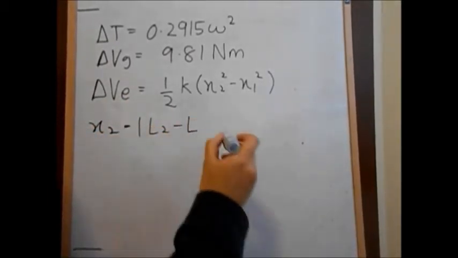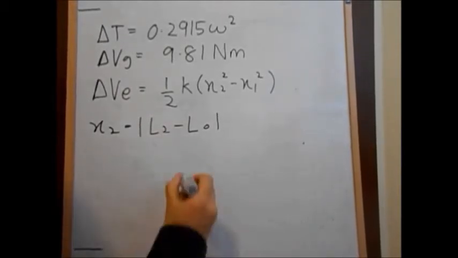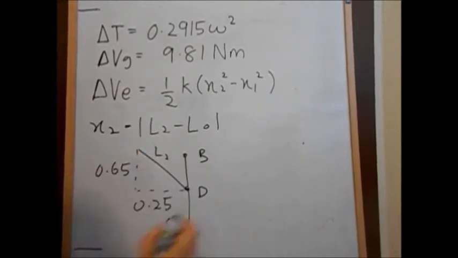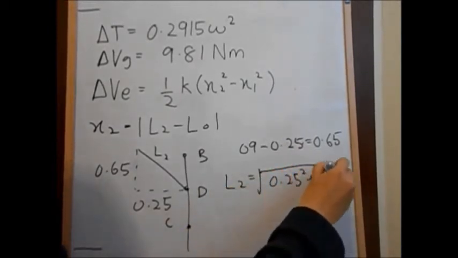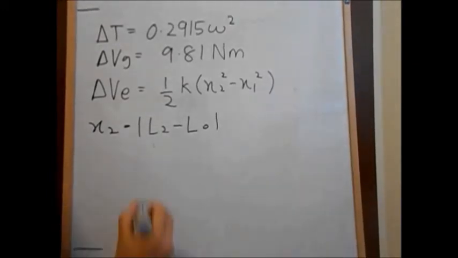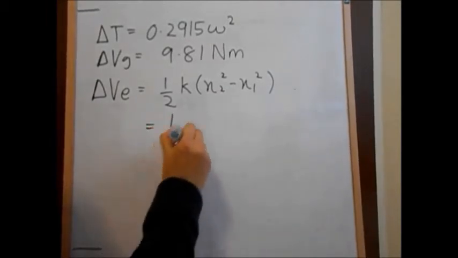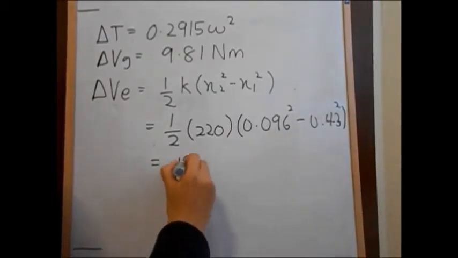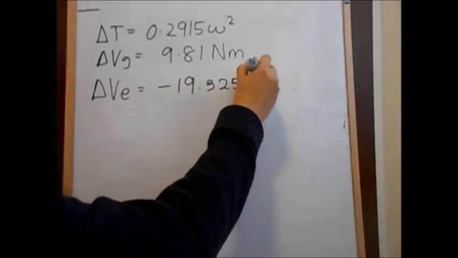And same for x2, we need to find the final length of the spring, and x2 is equal to L2 minus the original length. And we substitute back into the delta Ve equation, and we get delta Ve is equal to negative 19.325.